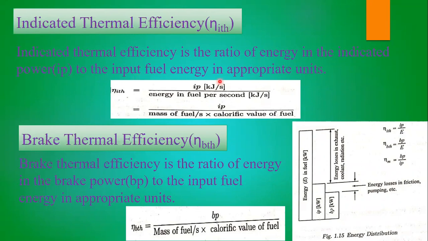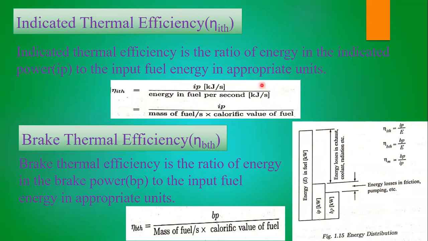That means both should be taken in the same units. Sometimes we will take the indicated power in kilowatts, but the energy liberated within the fuel is in kilojoule per second. So we need to take both values in the same units, as it is an efficiency.